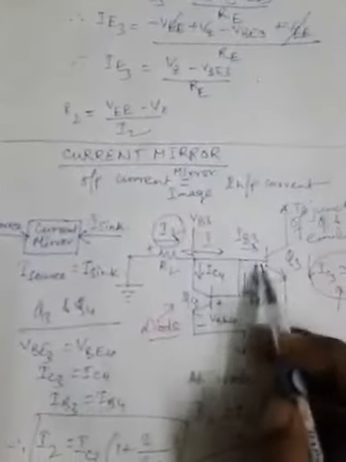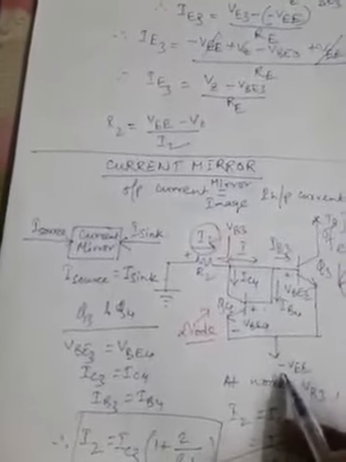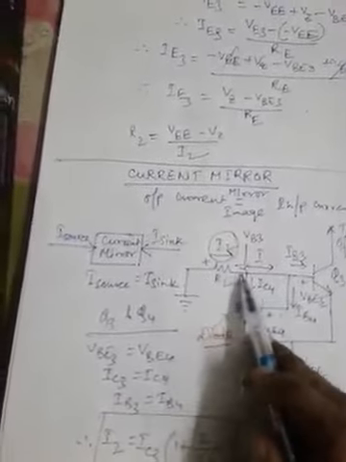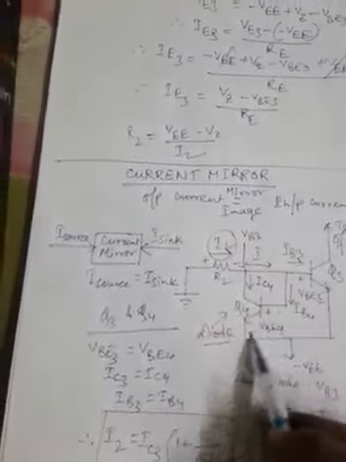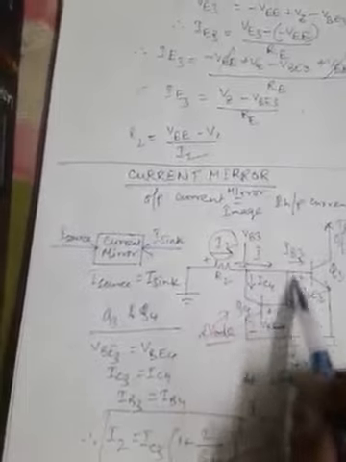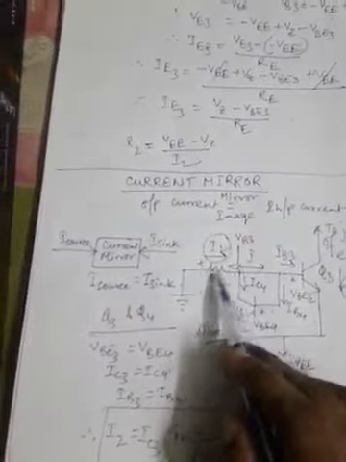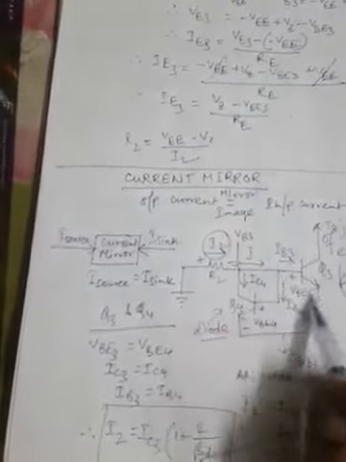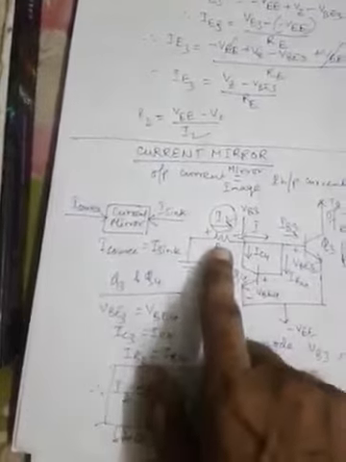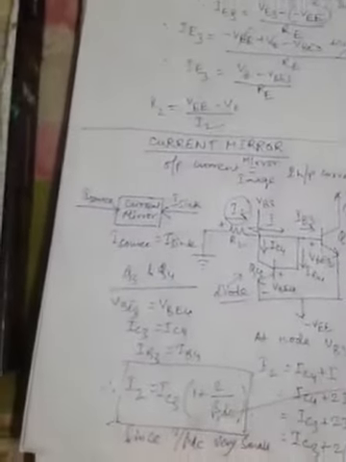If we ignore the middle part, the I2 making a drop across this R2, that is R2 I2, with the polarities considered, is minus I2 R2, minus VBE3, plus VEE, which should be equal to 0, using this KVL equation at the base emitter loop of Q3.